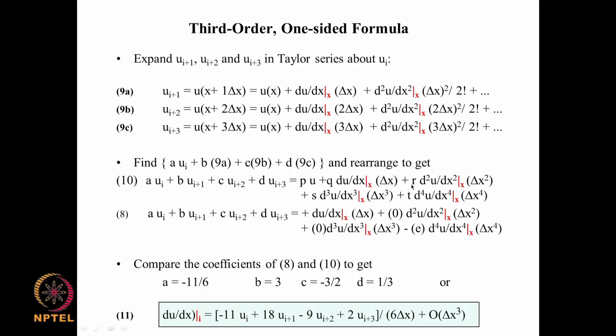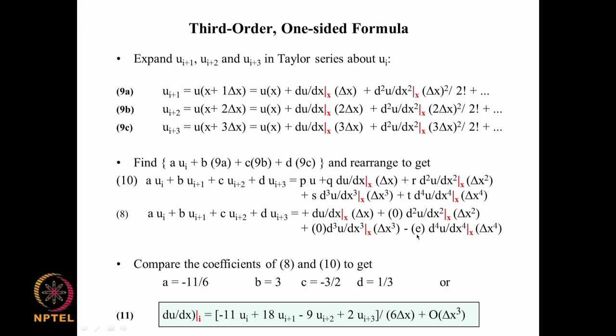So this will be 4b plus 9c plus 16d equal to 0, and so on like this. So that will give you 4 equations, one for p, one for q, one for r, and one for s. Okay. This p coefficient is 1 and the other 3 coefficients are 0.